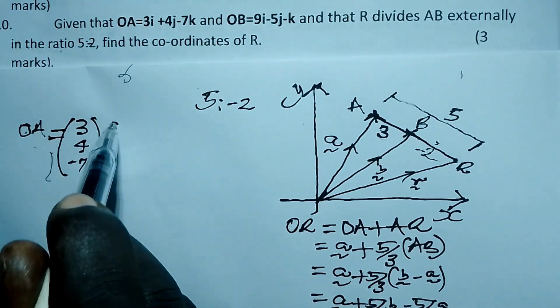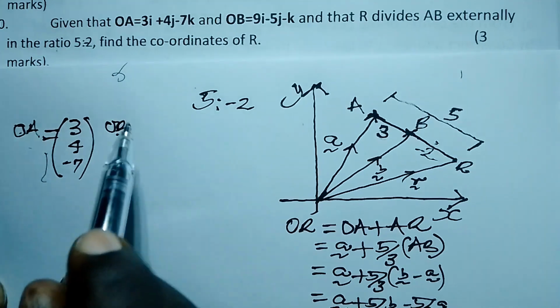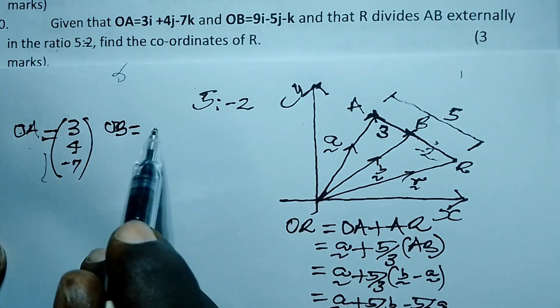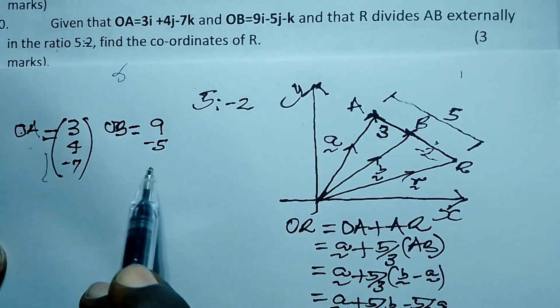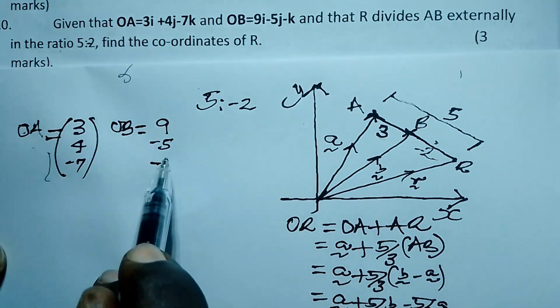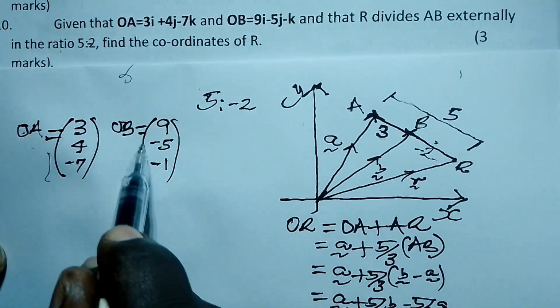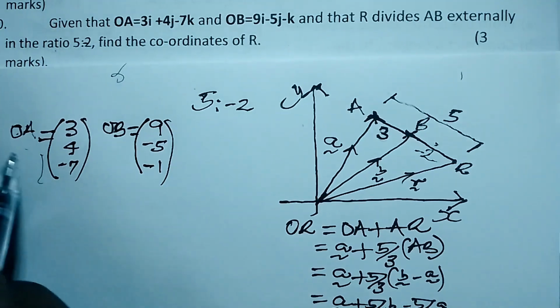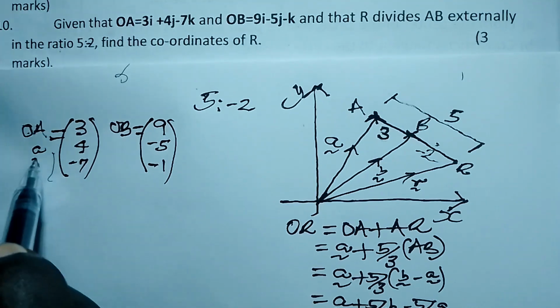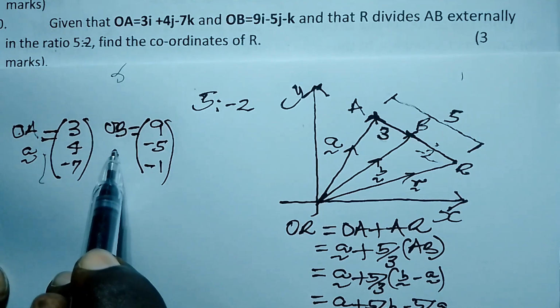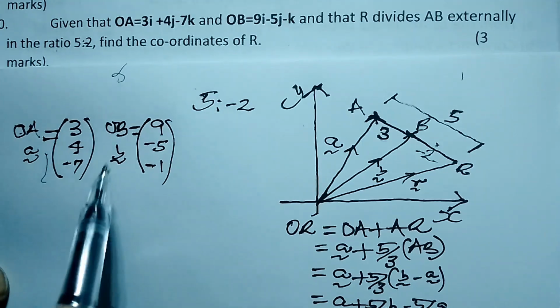And then OB will be given by (9, negative 5, negative 1), like that. So we've expressed this in terms of column vectors. Of course, OA will be given by small vector a, and OB would be given by small vector b.